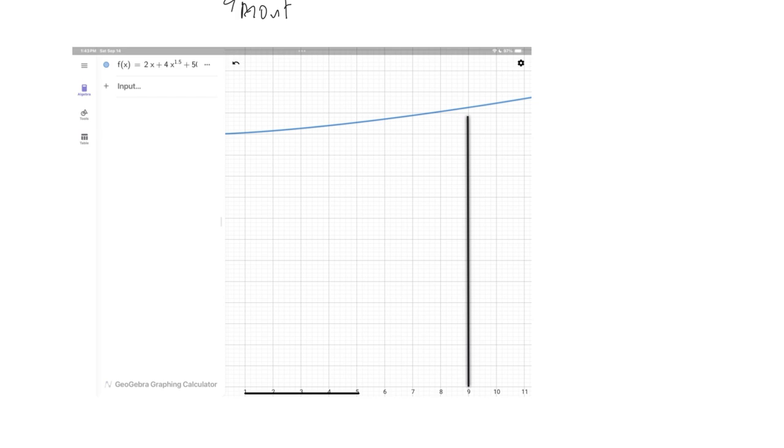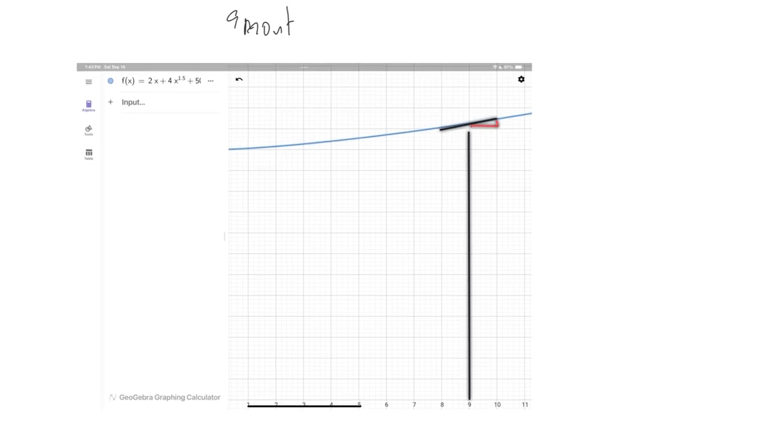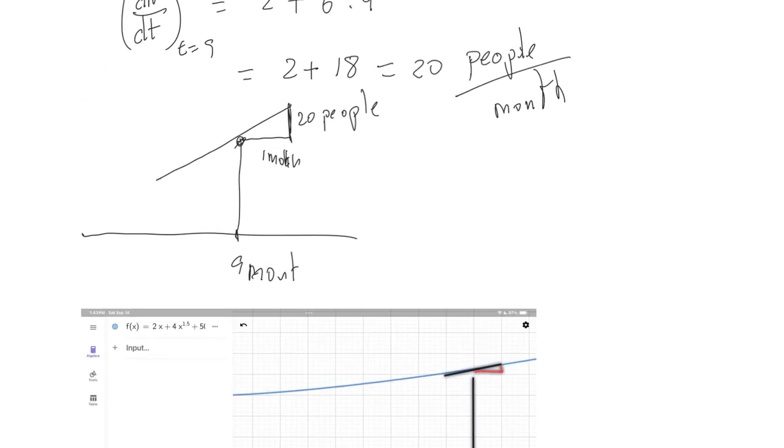And what is the slope? The slope is here. And if you can see the slope, you can make this calculation by yourself. You will see that going here, if you divide the rise by the run, you will have 20.